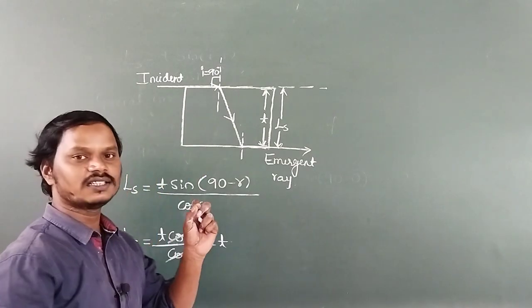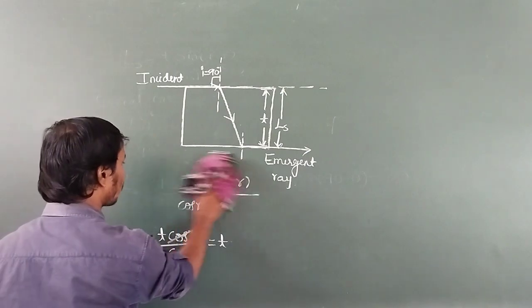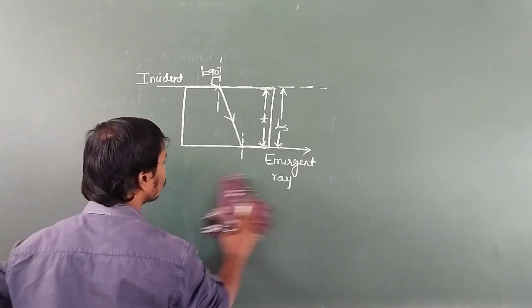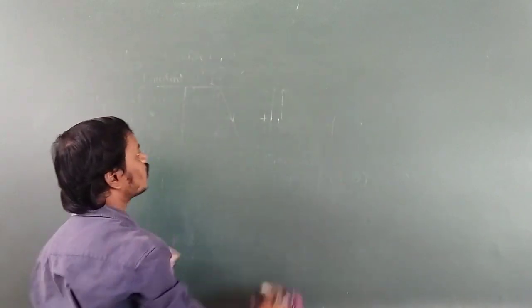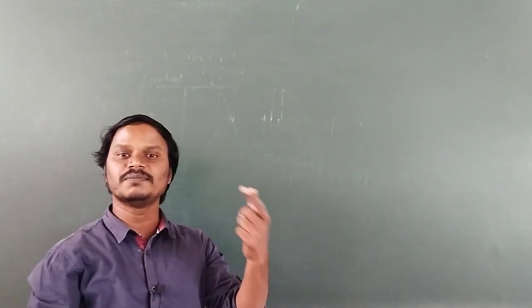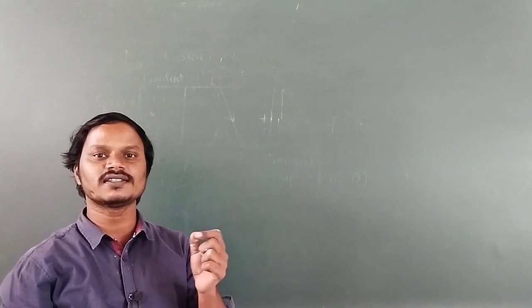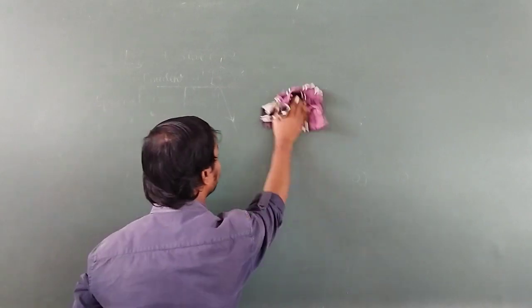When is the lateral shift minimum? Second case. For the normal incidence, the lateral shift is minimum. For the grazing incidence, the lateral shift is maximum, but for the normal incidence, the lateral shift is minimum. Case number 2.